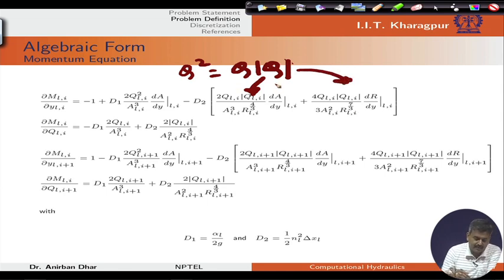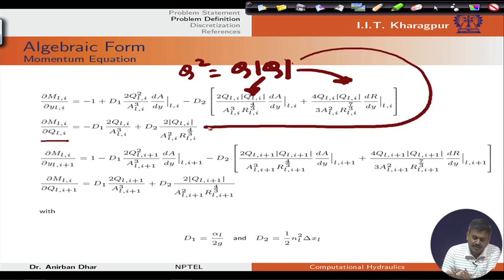In the next case, for the derivative calculation of M L I with respect to Q L I, we will consider this mod value here, but for the first term we are not taking any absolute operator.